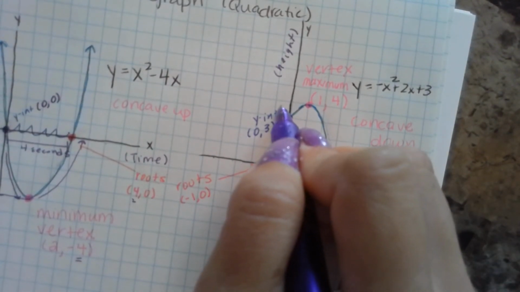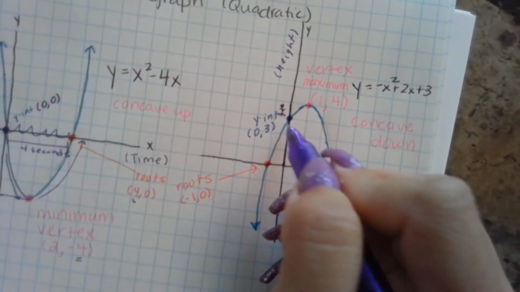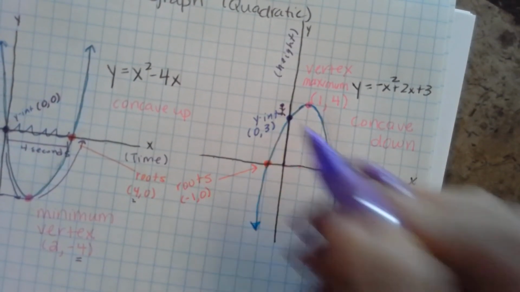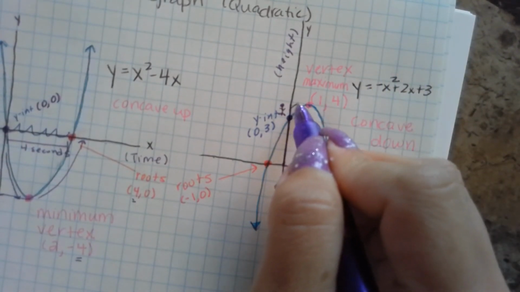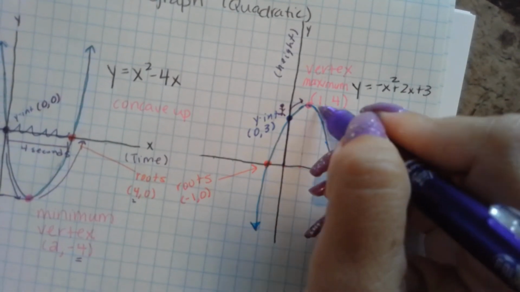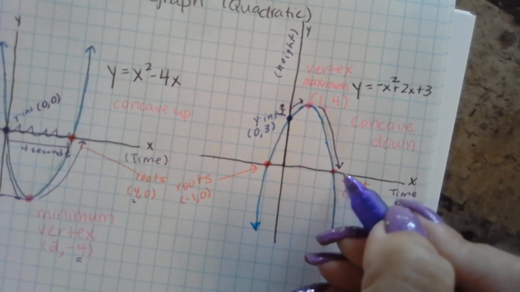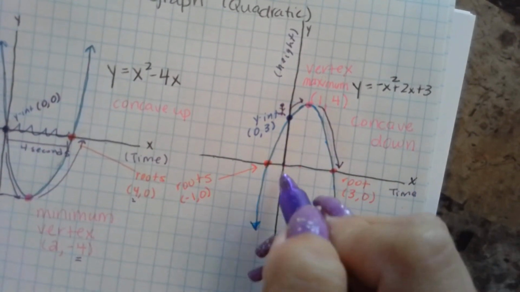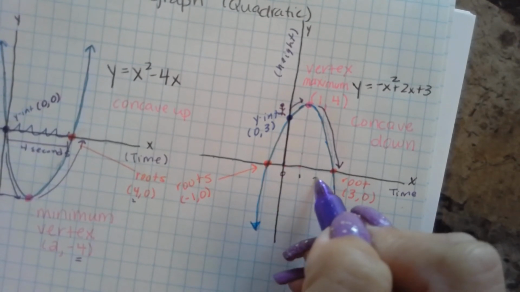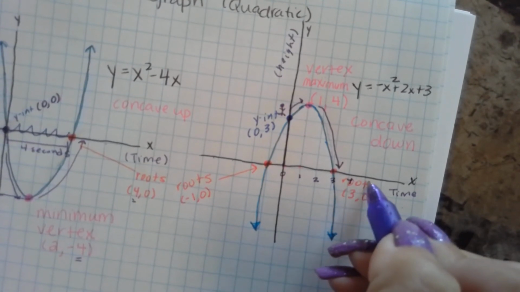So essentially, we would be standing right here at (0, 3), right? And maybe, let's just say you decided to throw a ball, and the ball went up, and then it went down. So it's like, wait a second, we're standing here. We can't go back in time, because remember, this is your time. Time only goes forward. You got 0 seconds, 1 second, 2 seconds, 3 seconds, 4 seconds, 5 seconds, right?